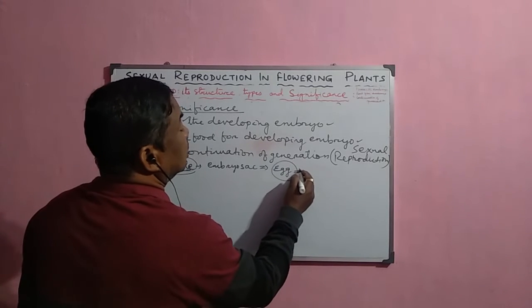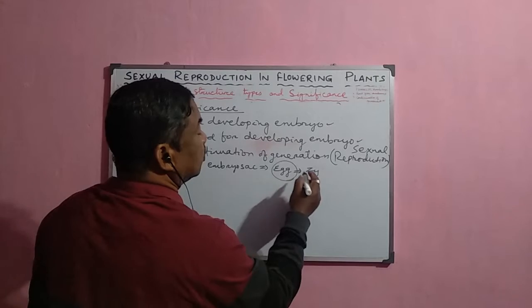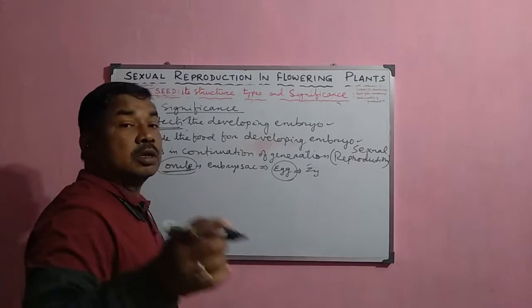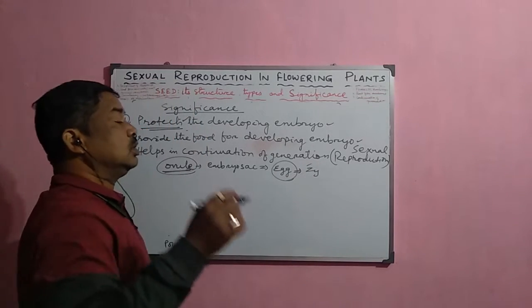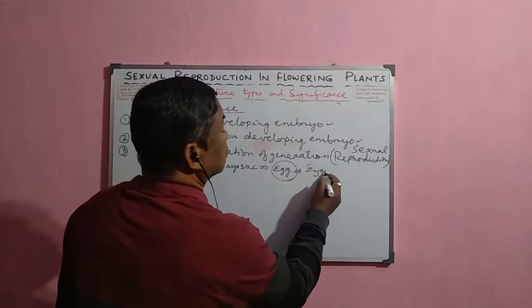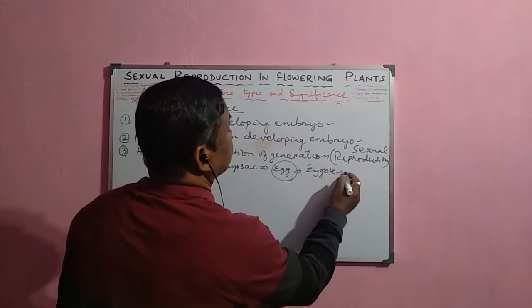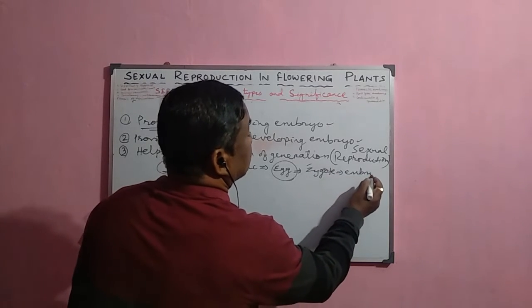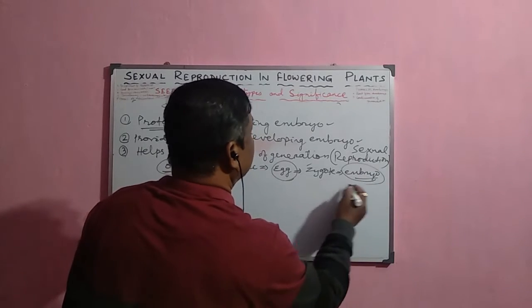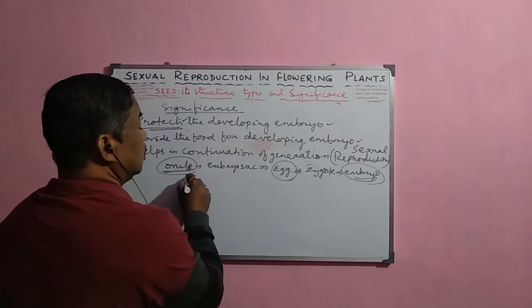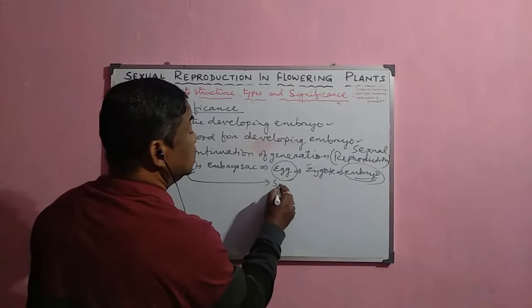The egg cell fuses with the first male nucleus to form the zygote, which develops into the embryo, and this embryo is now protected inside the seed.